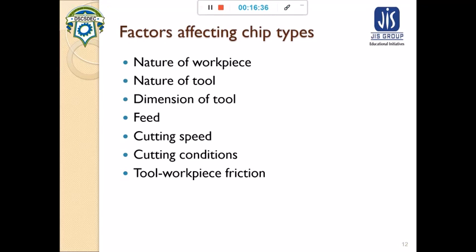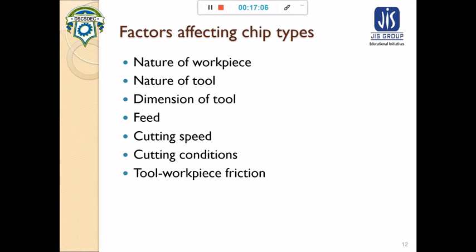Now, what are the factors that affect the type of chip? First is the nature of the workpiece: is the workpiece ductile or brittle? Second, what is the tool: is it hard or not, and what type of tool is used? Next, tool geometry or dimensions of the tool.